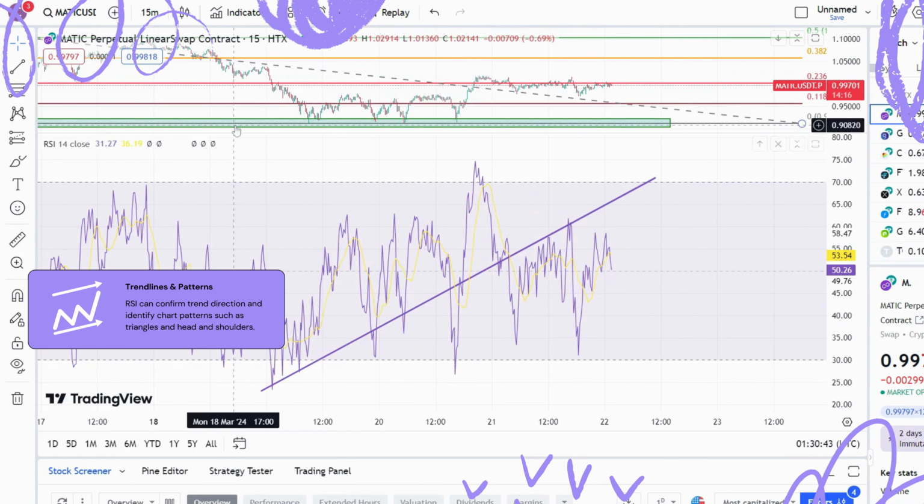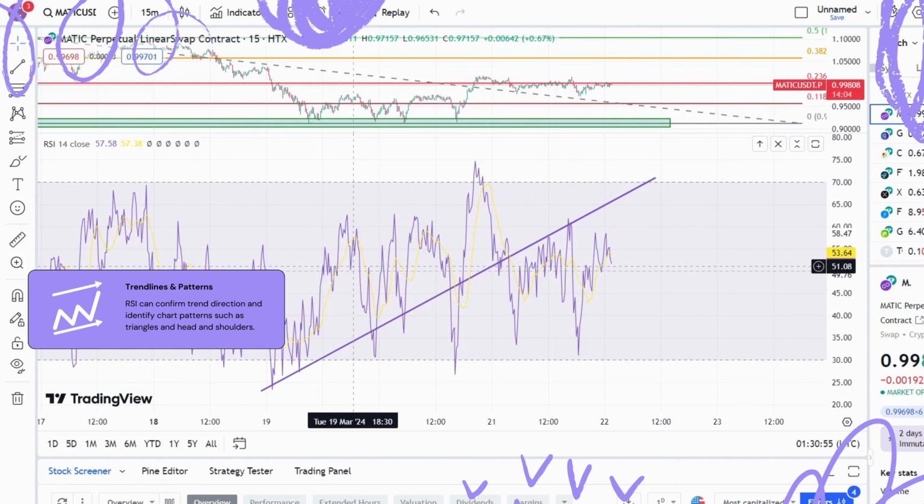So as you notice, as the price was coming to our 618 on Matic, we were making a trend line. So I started to track that trend line as the price was doing that. And I used that trend line to gauge my perspective as the price action was happening and unfolding and as I was in my trade. So you'll see at certain times, it's using it as support and resistance.